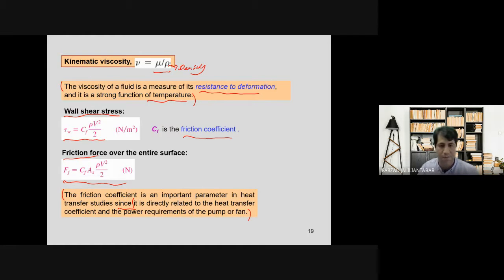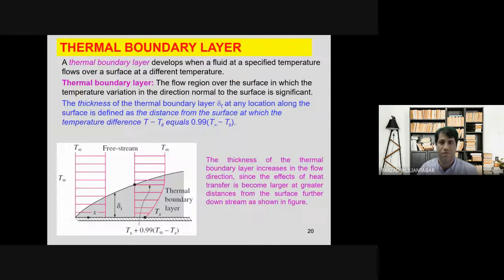Later you will see. In other words, to calculate this friction force, we may need to calculate the h, the heat transfer coefficient. So that was about the velocity boundary layer.